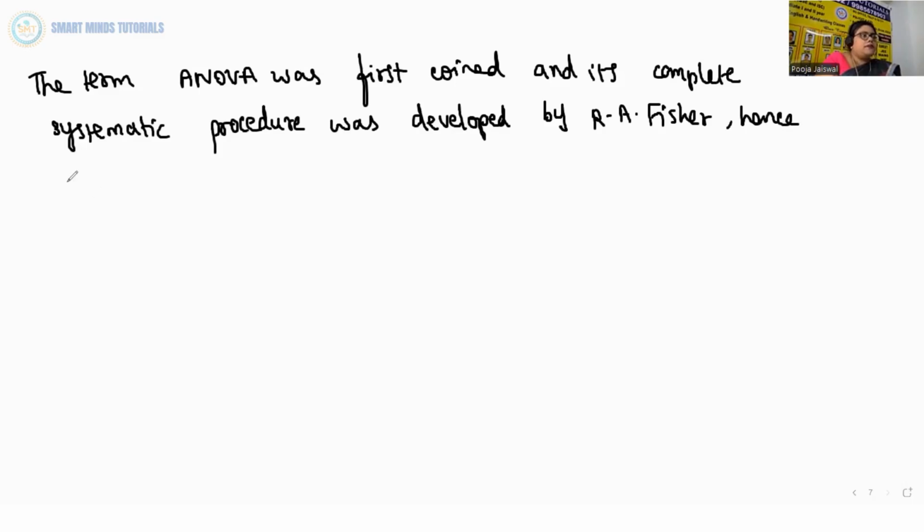Hence, ANOVA is also known as Fisher's ANOVA.